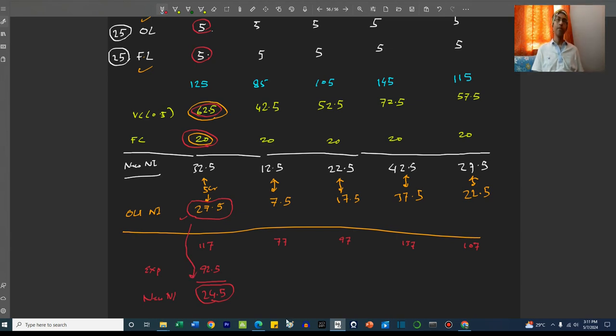Similarly, if you calculate all these values, you will see there is a reduction of 3 crores in profitability. So this will become 4.5, 14.5, 34.5, and 19.5. So all of them will be reduced.